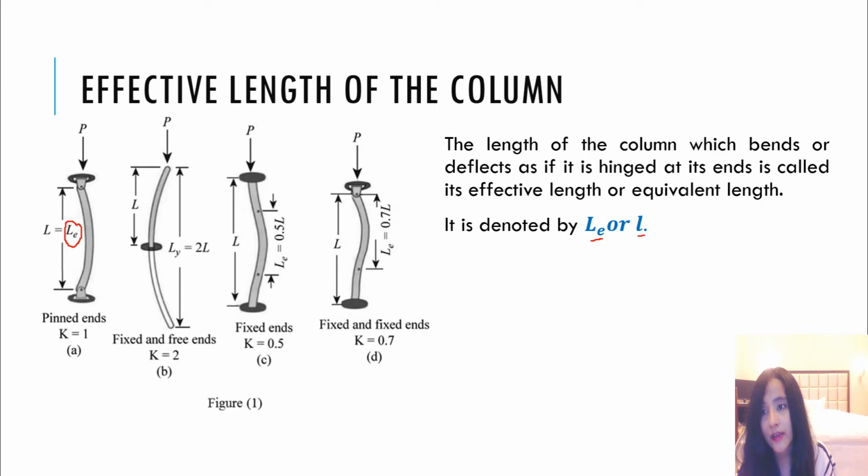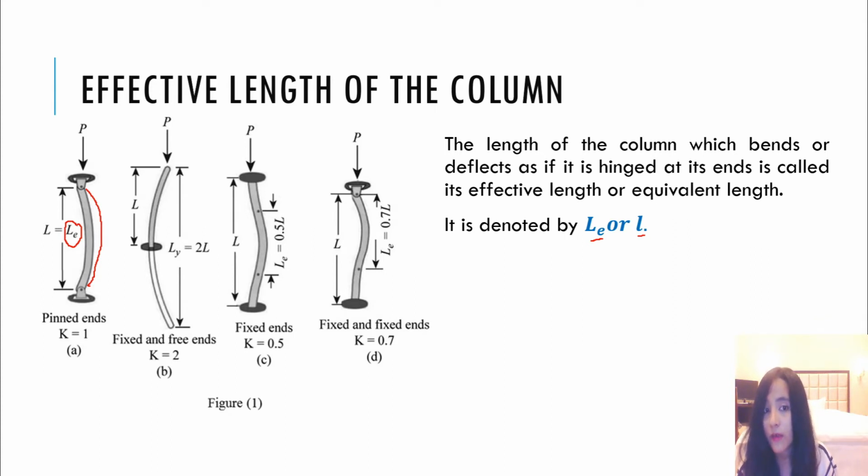L equals LE, meaning this length that you can see here is the length of the column which has bent. इस पे bending आया है मतलब यहाँ पर buckling हो रहा है, right? So the effective length of a column is that length of a column which bends or deflects. Okay? तो जहाँ पर deflection and bending आते हैं उसको हम effective length of a column बोलते हैं.